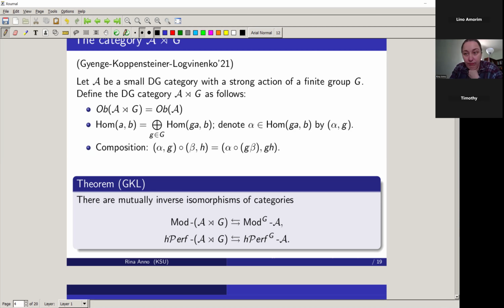It's not replaced by G-equivariance. It's just like when you construct a derived category, you want to take complexes of injective or projective objects in order to get the right morphisms.